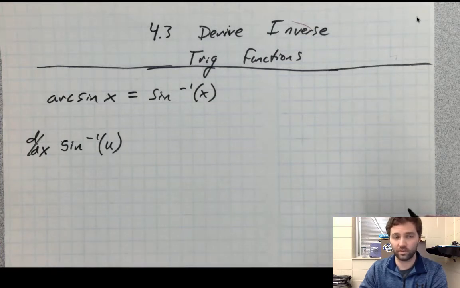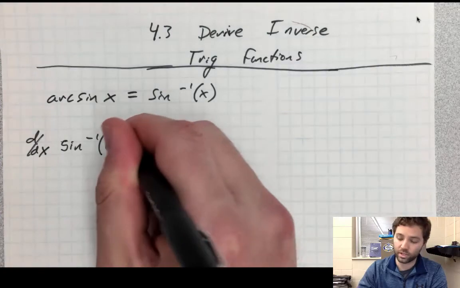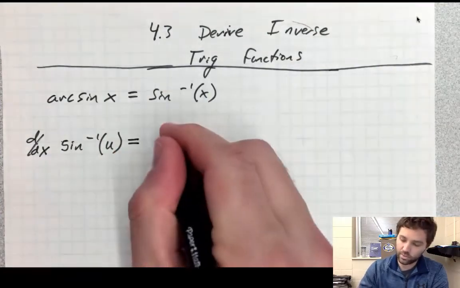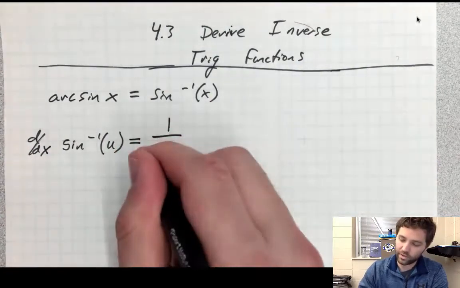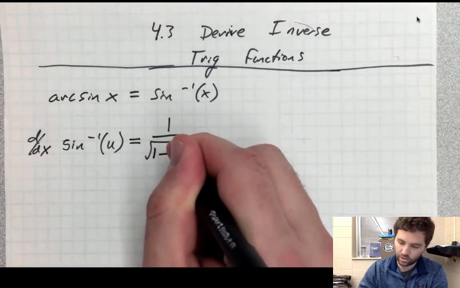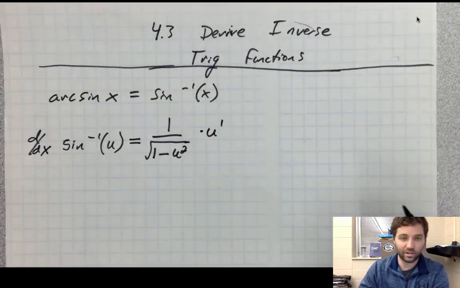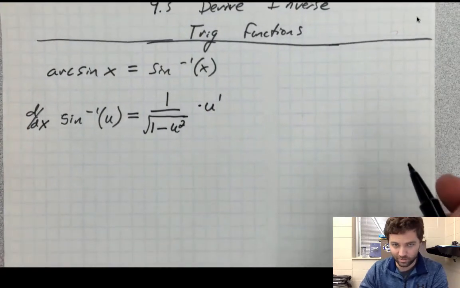Usually when they ask about derivatives of inverse sine, inverse cosine, inverse trig functions, there will be some function inside of it as well. In other words, it will be a chain rule question. So this will be equal to 1 divided by the square root of 1 minus u squared times u prime. It is not pretty. I did not promise that it would be pretty.